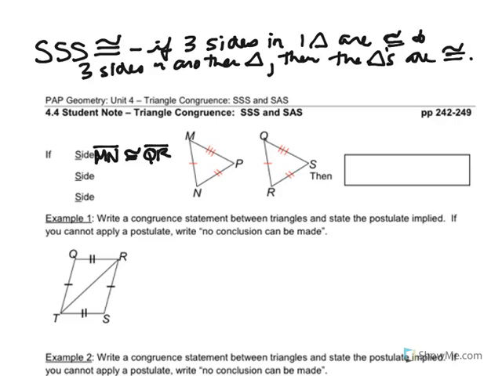QR. And side NP, right here, is congruent with RS. And then MP is congruent with QS.